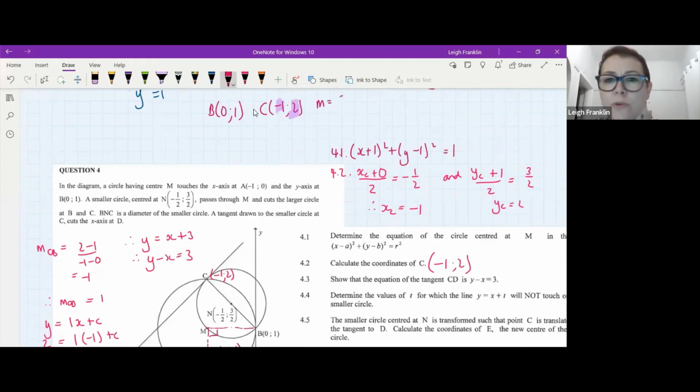If I start with 2 at the top, I have to say 2 minus 1, the change in y, over -1 minus 0. Or if I start with this one, I can say that the gradient is equal to 1 minus 2, and then I've got to start here with that 0. So 1 minus 2 over 0 plus 1. Okay, does that make sense to you? And then you'll see you end up with the same answer.